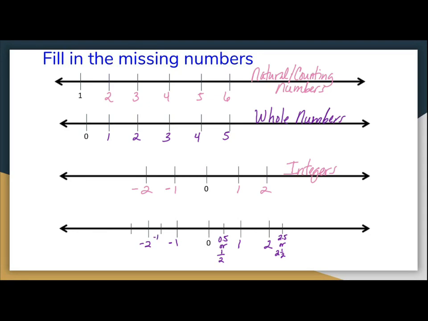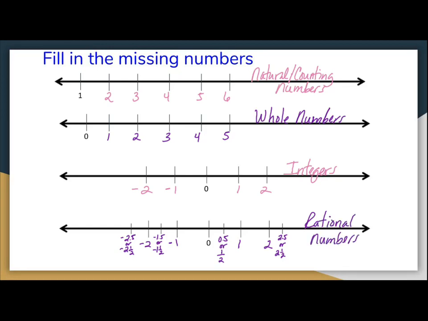Well, that would be a -1.5 or -1 and 1/2. The little short line that comes after the 2 would represent -2.5 or -2 and 1/2. We refer to these numbers as rational numbers.